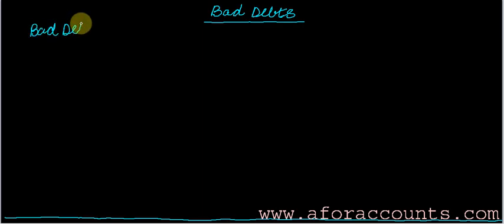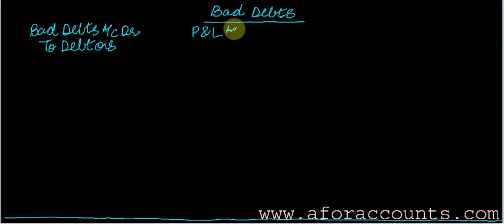bad debts being my expense, bad debts account debit to debtors. Okay. Now transferring this expense to the trading and P&L account, the entry will be P&L account debit to bad debts.